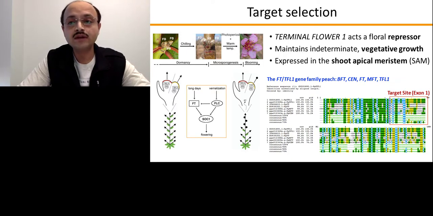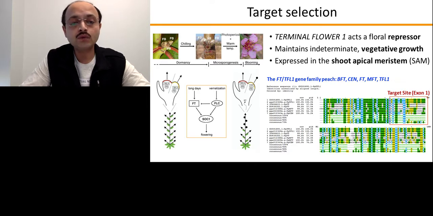These floral integrators receive and integrate these signals and induce the transition from the vegetative phase to the floral or reproductive phase by utilizing genes which determine the meristem identity. So they tell the meristem: shall it grow into a vegetative shoot or turn into a flower?